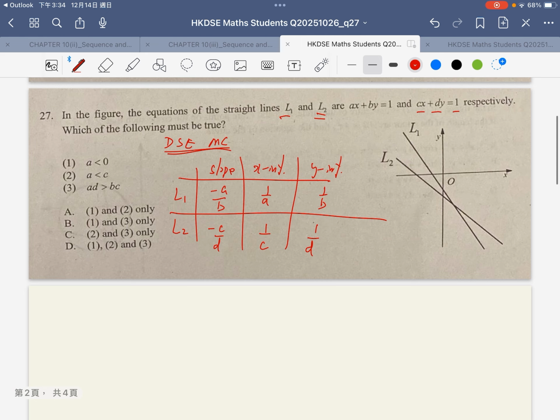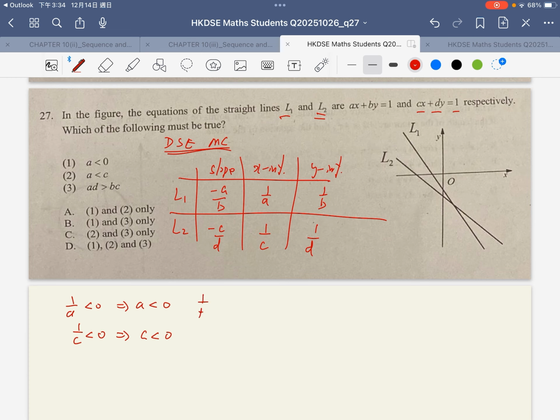First, we have to decide the sign of each character a, b, c, d. The x-intercepts of the two straight lines are negative. Therefore, 1 over a is negative, that is, a is negative. 1 over c is also negative, so c is negative.